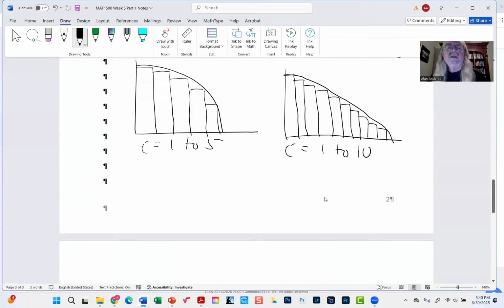Okay, so in other words, here on the right, the 5 rectangles, the base is, in each of these cases, 2/5.